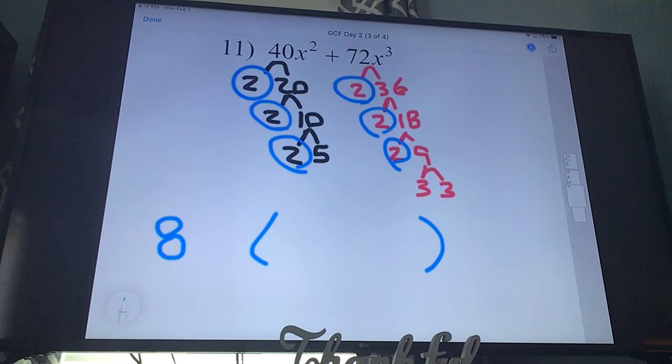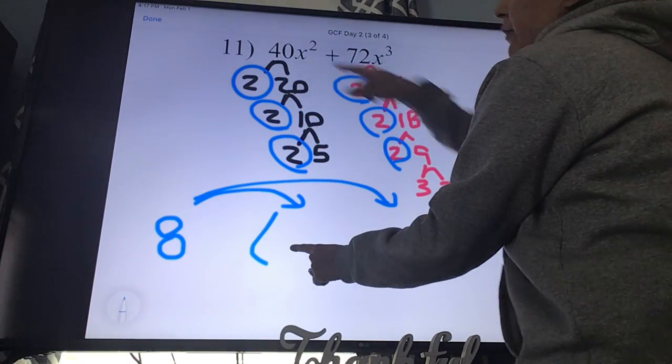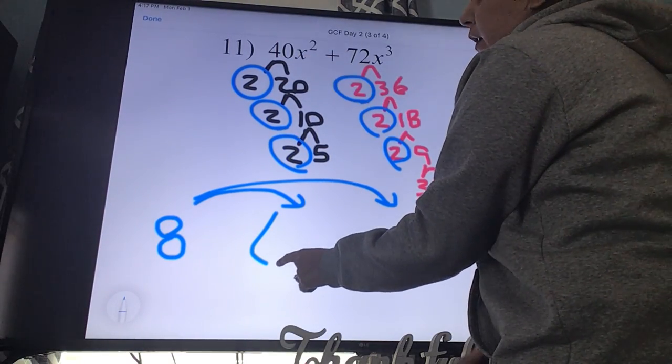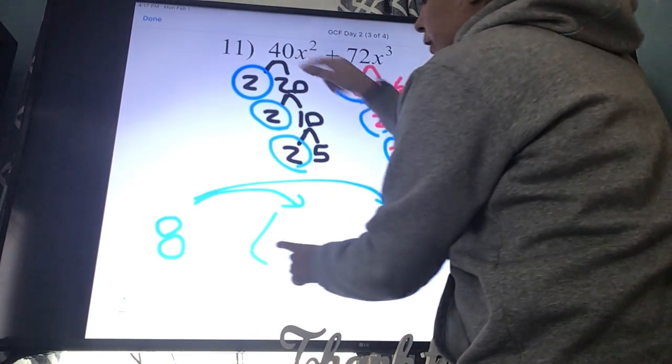Okay, and I want to show you what I'm doing here. Let me get up. Sorry, it takes me a minute. Okay, and so what I'm doing, I'm saying 8 times what would give me this 40? Okay, or the other way to look at it, 40 divided by 8 would give me what?